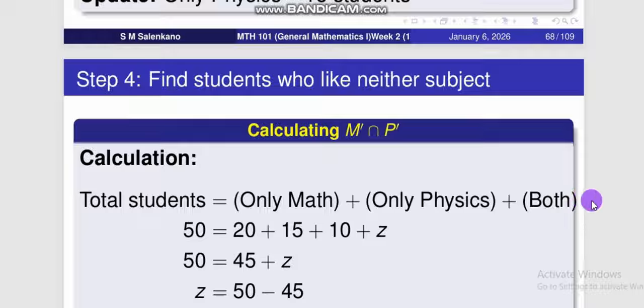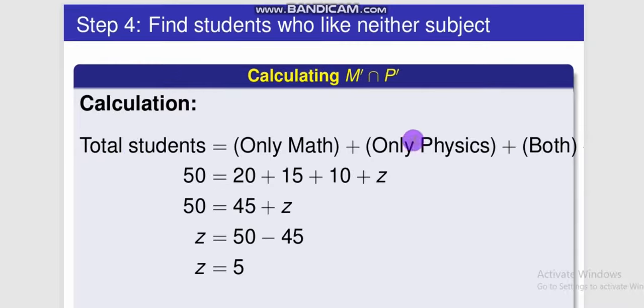I forgot to write that, I'm sorry. There should be plus neither. Only math, we got that 20. Only physics, we got 15, plus both is 10, then neither, okay, is Z. So we add that Z, right? The first equation is incorrect. There should be plus neither here, okay?